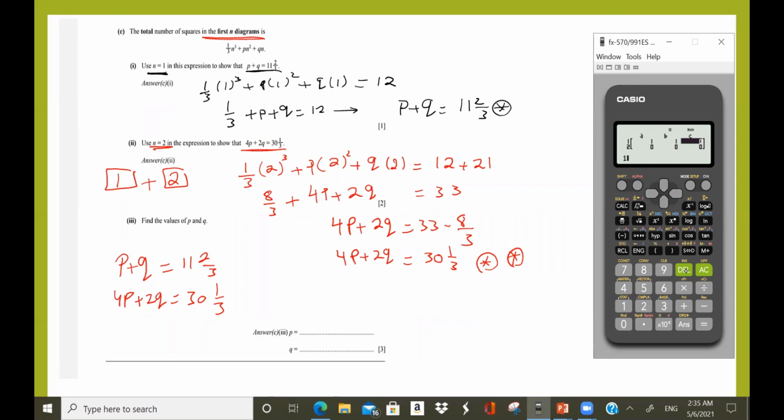You can write it as a mixed number, or we can change it into an improper fraction. It will be 3 by 11, 33 plus 2, 35 out of 3. So 35 out of 3.